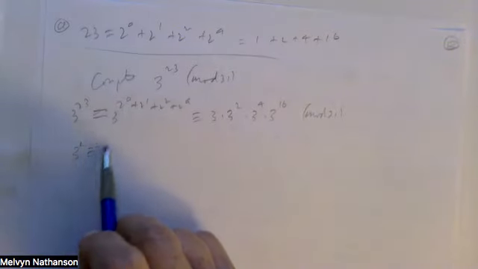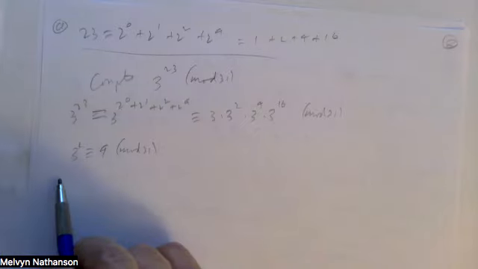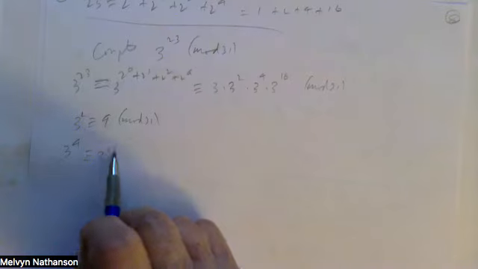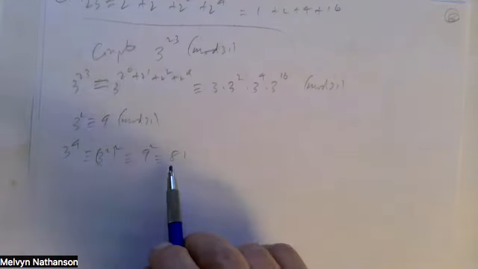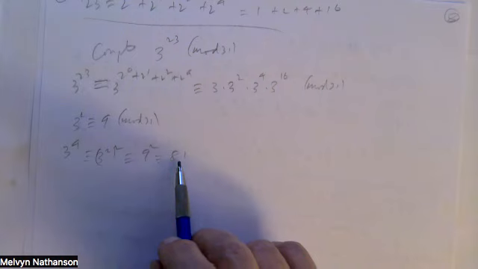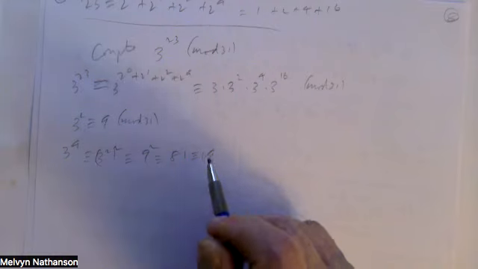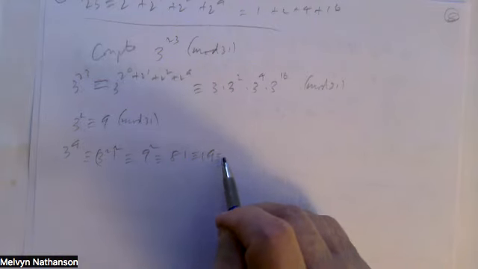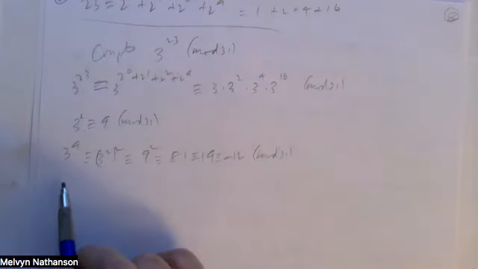Of course, 3 squared is just congruent to 9, mod 31. 3 to the fourth power is 3 squared squared, which is 9 squared, which is 81. What is 81 mod 31? 62 is 19. Or if you like, minus 12 mod 31.